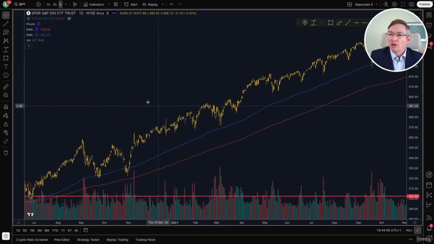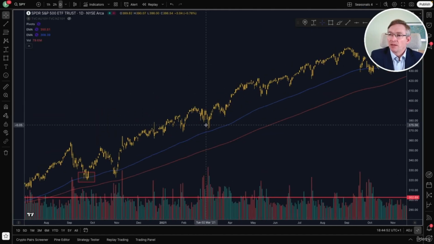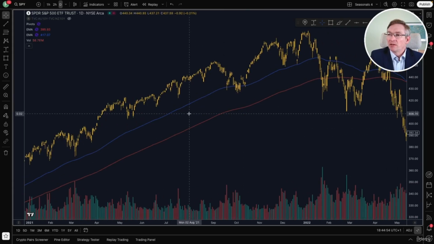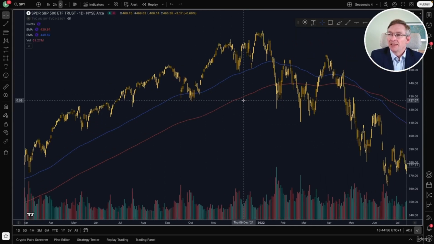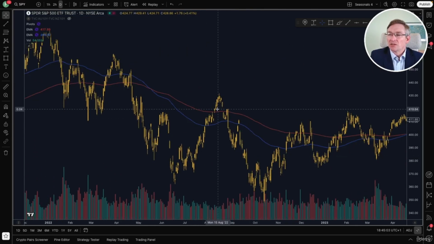This happens all the time. You can see the 100 exponential moving average support there and there, nearly there, there, there, and then providing resistance, resistance, resistance.